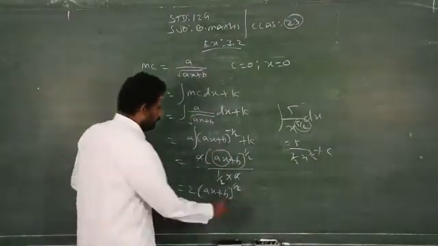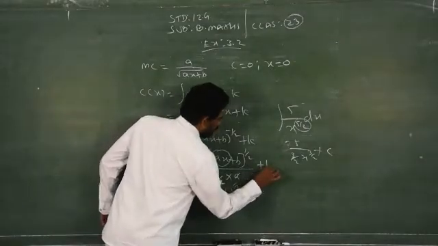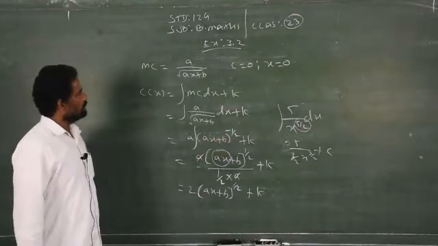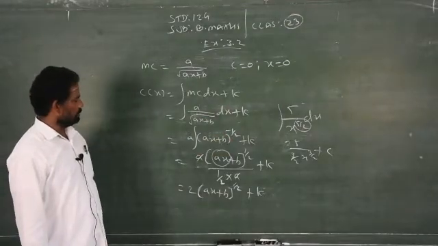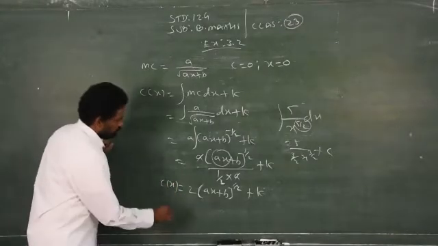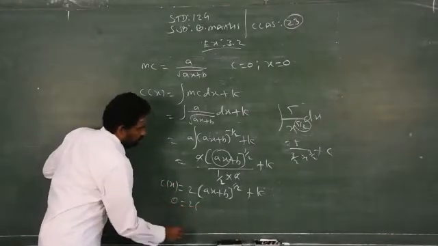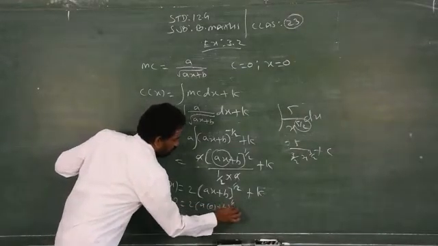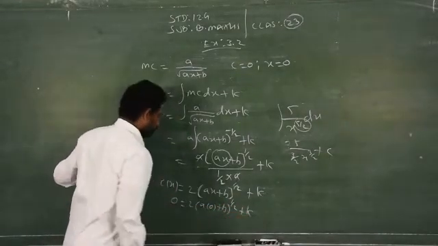So, now I have integrated. Now you have to find the value of k. The information given is c is equal to 0 when x is equal to 0. Just replace c, that is c of x. So, 0 is equal to 2 of a times 0 plus b, power 1 by 2, plus k. Clear?